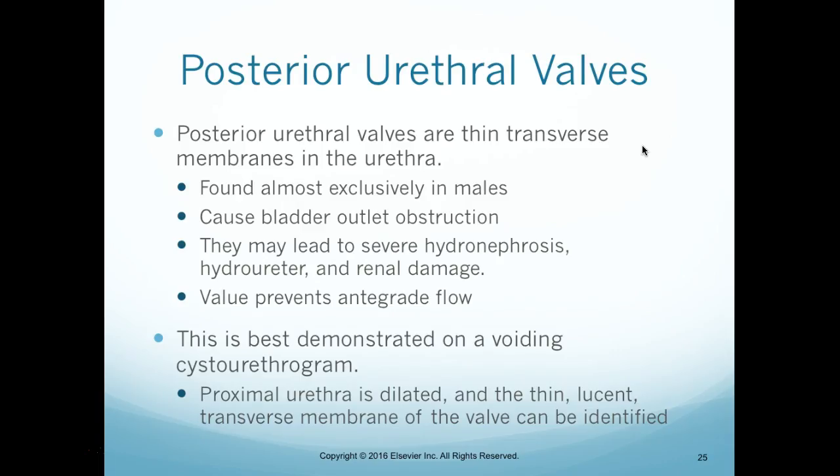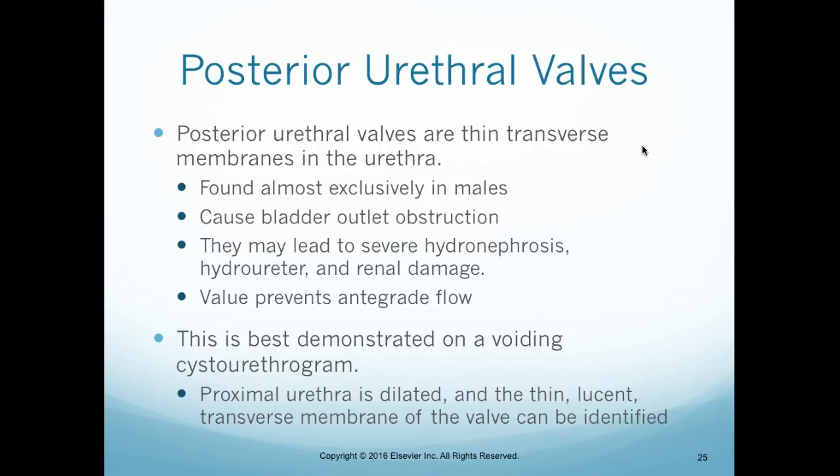All right, posterior urethral valves. They are thin transverse membranes within the urethra, found in males, causing bladder outlet obstruction. It may lead to severe hydronephrosis, hydroureter, and renal damage. The valve prevents antegrade flow. It's best demonstrated on a VCUG.